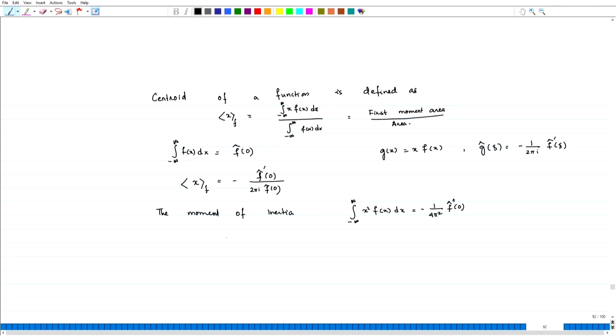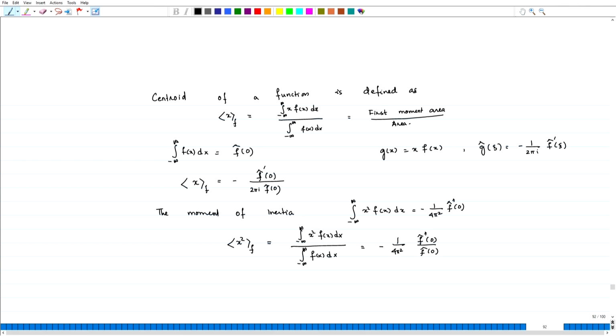Therefore, this x square f, integral minus infinity to infinity x square f of x dx divided by integral minus infinity to infinity f of x dx, is minus 1 by 4 pi square, and then f hat double prime of 0 by f hat of 0.